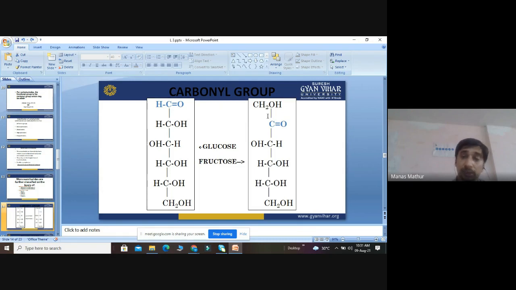So fructose is the hexo keto monosaccharide. Glucose is hexo aldo monosaccharide. So easily we can identify, based on the functional group and the number of carbon chain that it is having, which kind of monosaccharides they are.